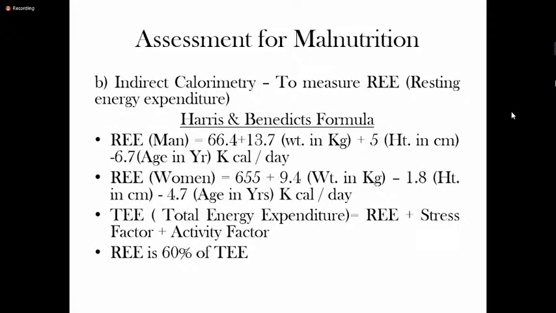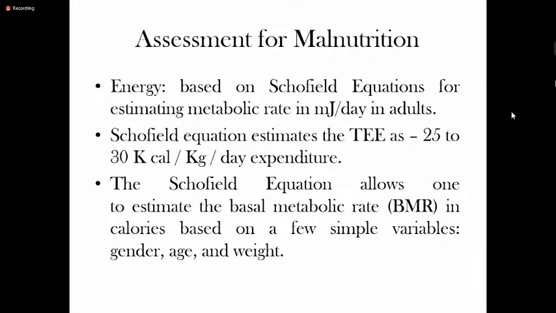And then we have indirect calorimetry, in which we have resting energy expenditure. Then we have these other little things which we do under indirect calorimetry. We also have energy based on Schofield equations. We have the Schofield equation that allows you to measure the BMR.